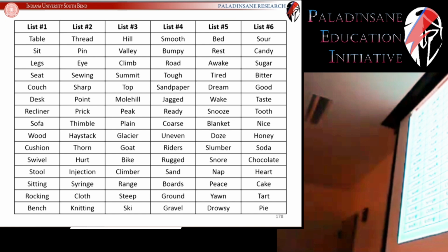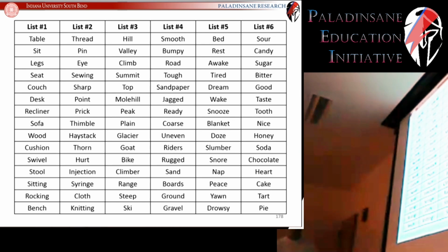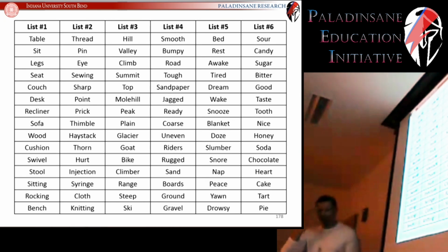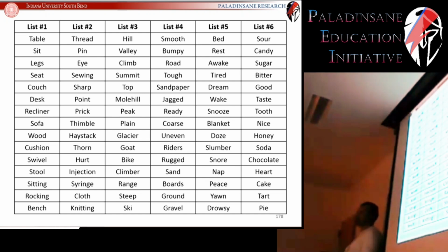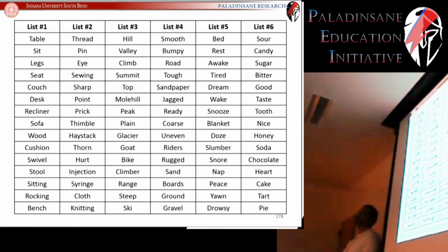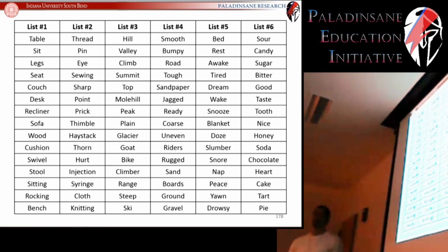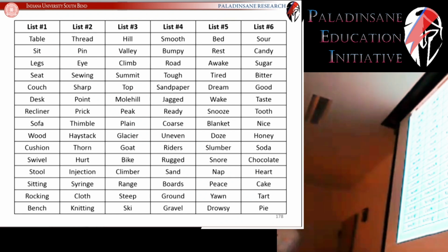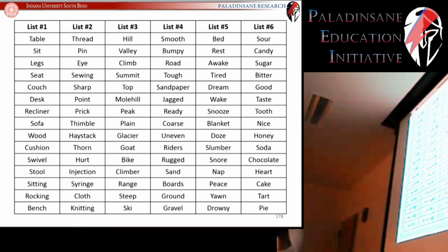All right, so before we get to the next step, I just want to ask everybody here, did anybody notice anything unusual about the lists? Anything maybe a little weird about the lists? They kind of all have a theme. Yes. Okay, so these lists all have a shared theme. They all revolve around one idea or one particular word.